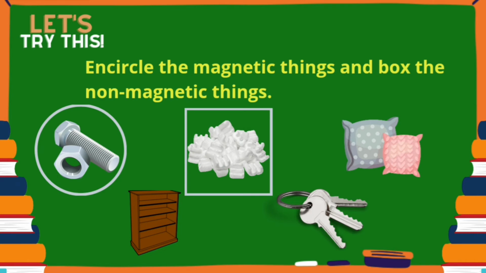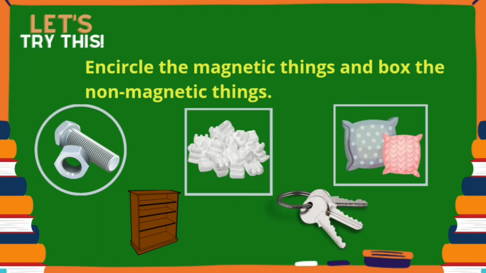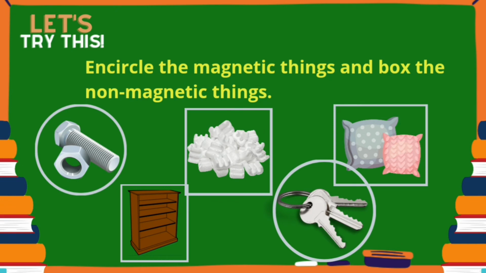Pillows are non-magnetic. Next is wooden cabinet. A cabinet made of wood is very good, non-magnetic. How about the keys? Are they magnetic or non-magnetic things? Marvelous! Keys have magnetic properties.